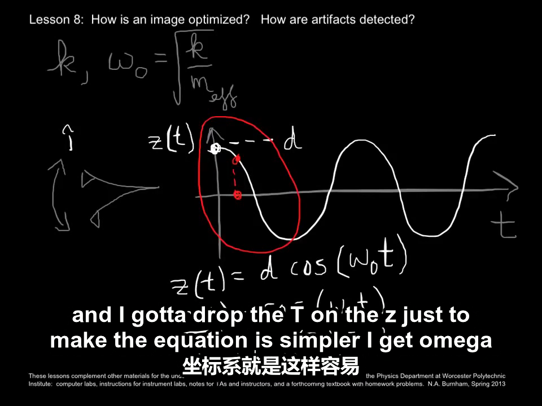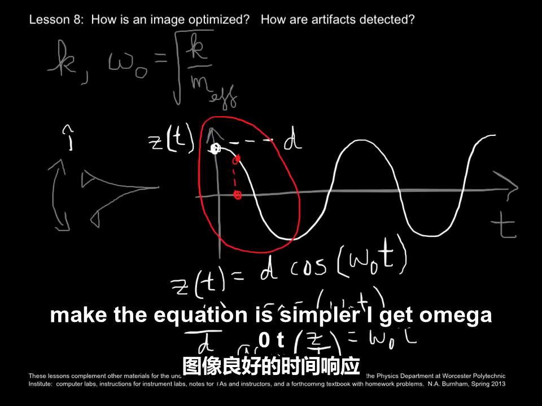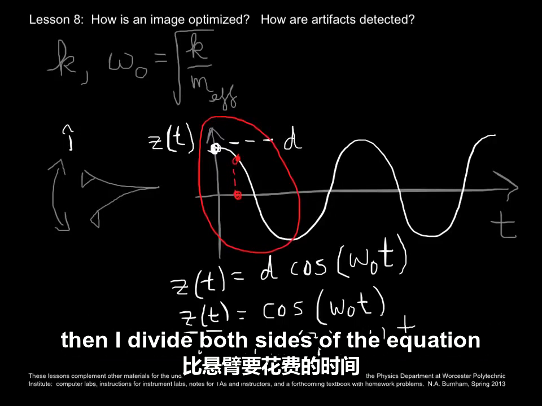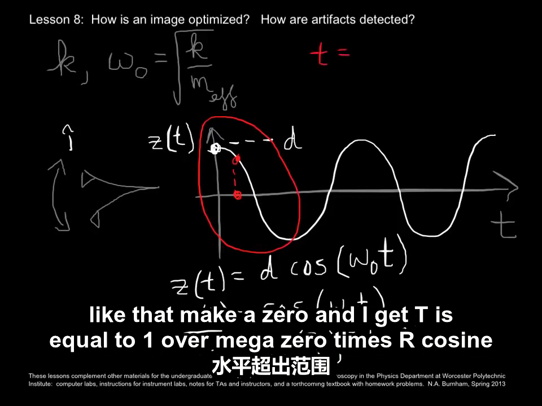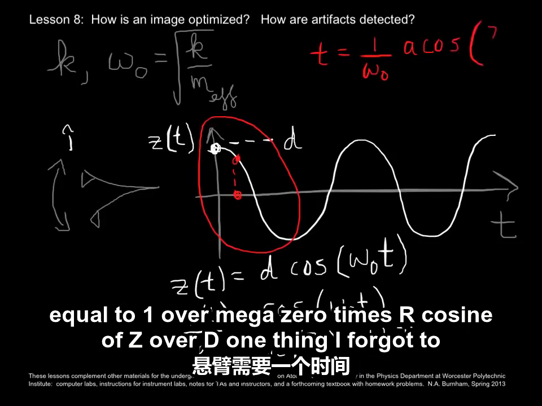I get omega 0 t. Then I divide both sides of the equation by omega 0, and I get t is equal to 1 over omega 0 times arc cosine of z over d.